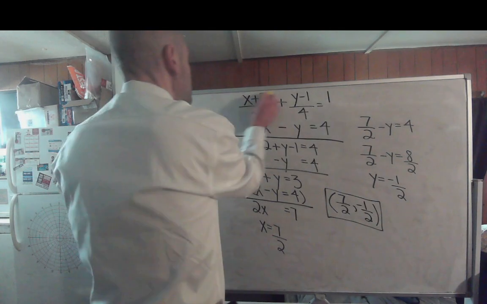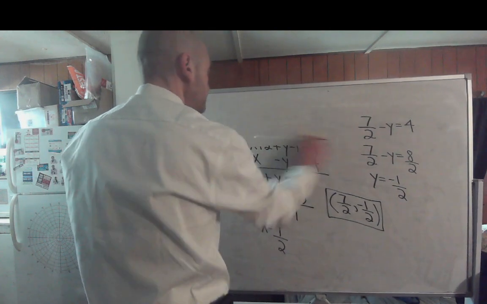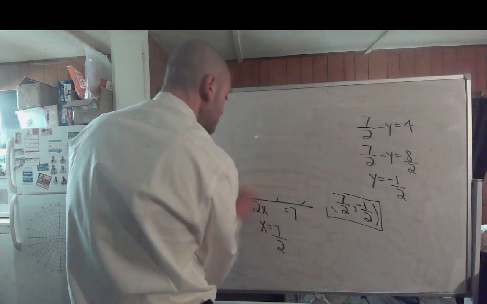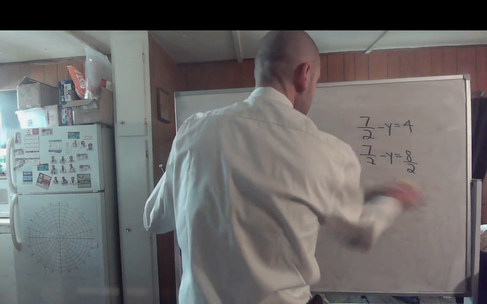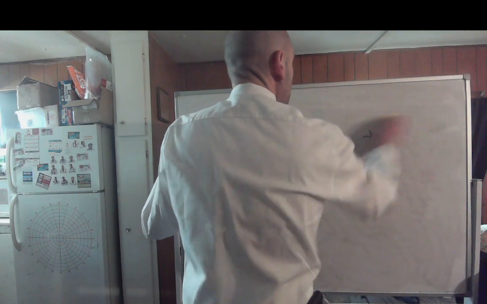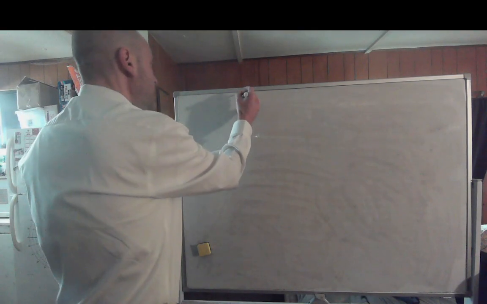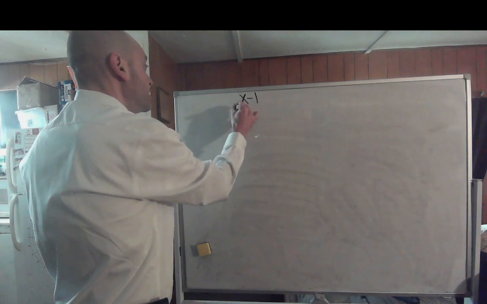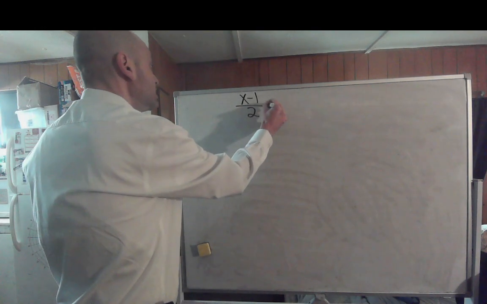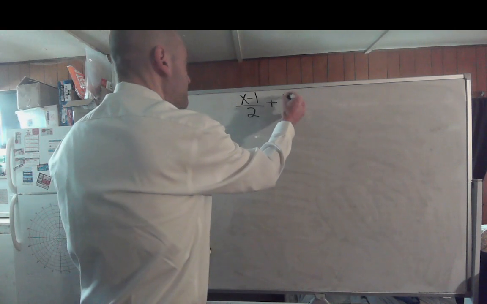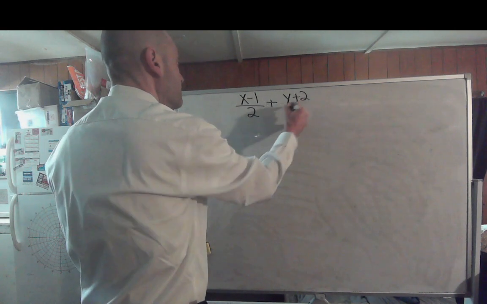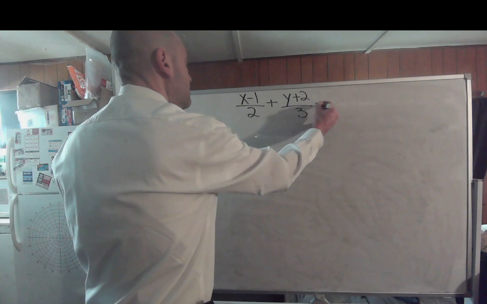All right. x minus 1 over 2 plus y plus 2 over 3 equals 4.